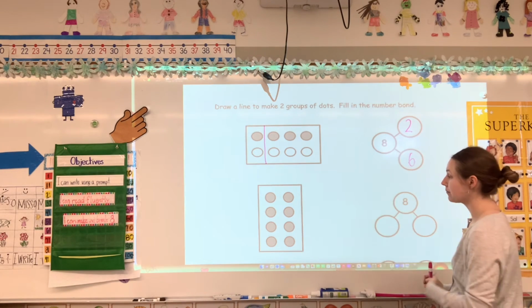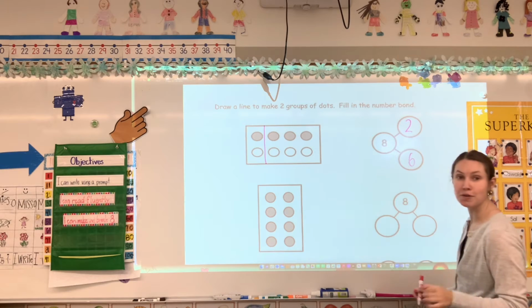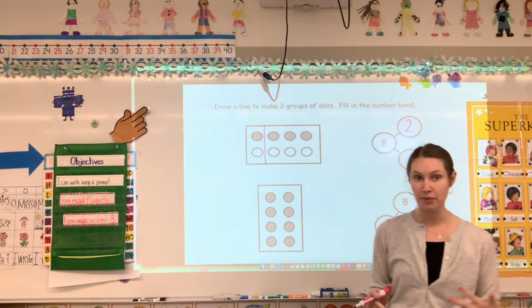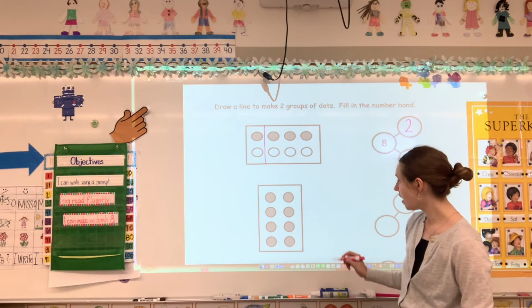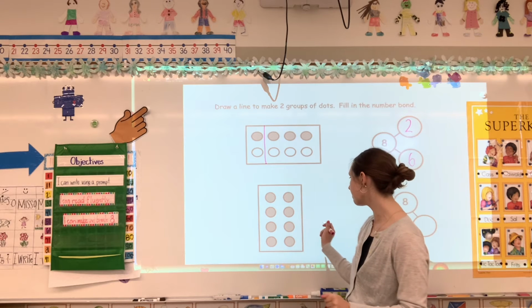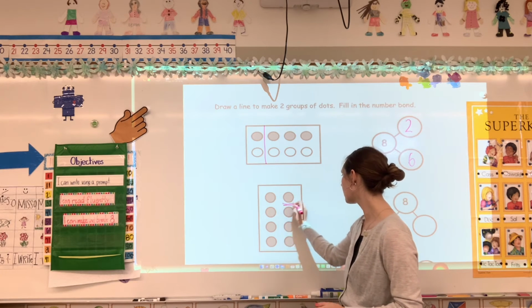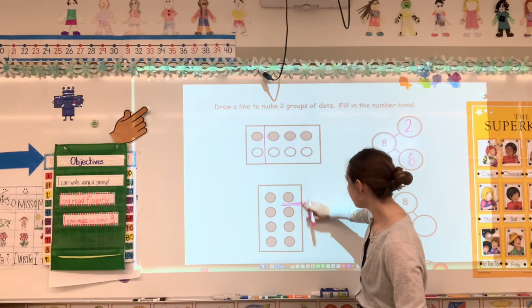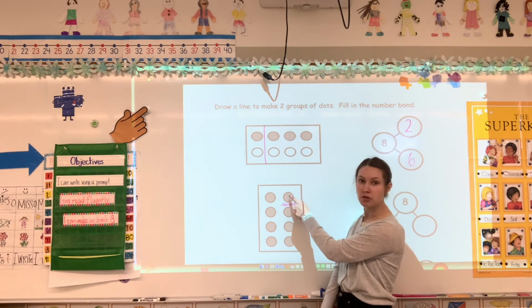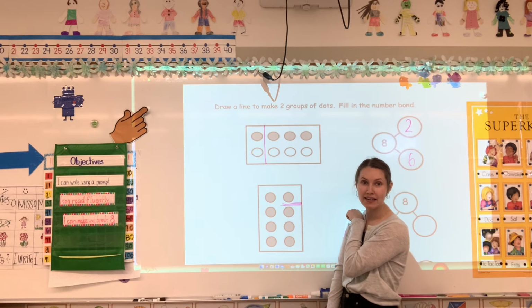Let's do a different one. We're going to split our group differently this time. Let's find another way to do it. I could draw a line. Let's draw a line right here. Now, how many circles do I have on this side of my line?